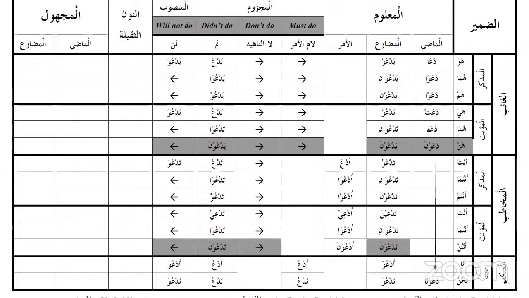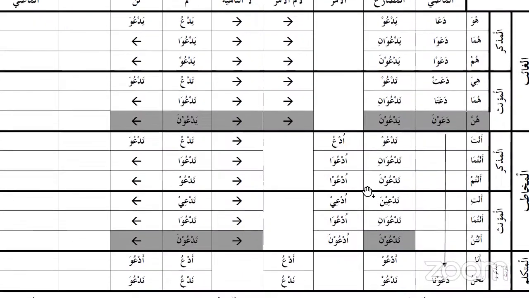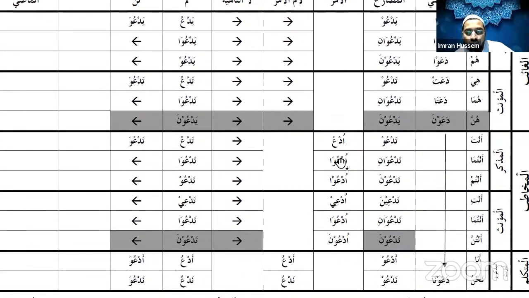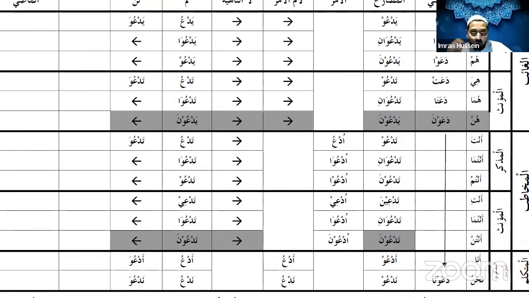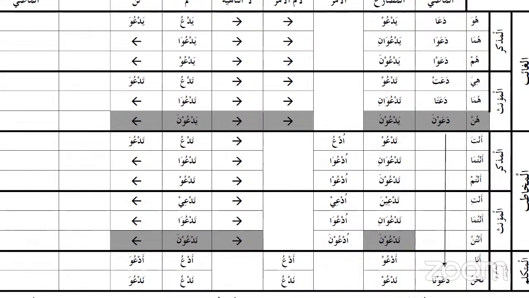How do you distinguish whether you're talking to an anta or an antum? So this is ud'u, ud'uwa, ud'u. It is slightly prolonged itself. Ud'u, ud'uwa, ud'u, ud'i, ud'uwa, ud'una.